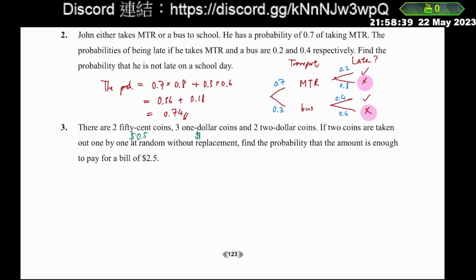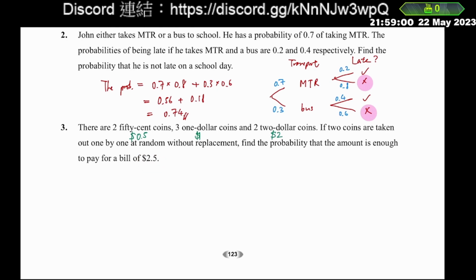And then there are $1 coins, 3 of them, and $2 coins, 2 of them. If 2 coins are taken out one by one at random without replacement, find the probability that the amount is enough to pay a bill of $2.5. So the required amount is at least $2.5.